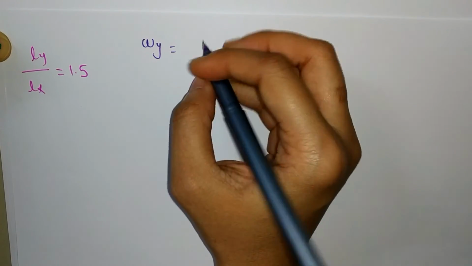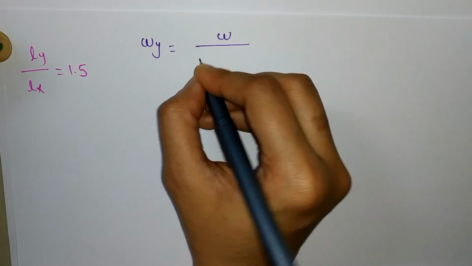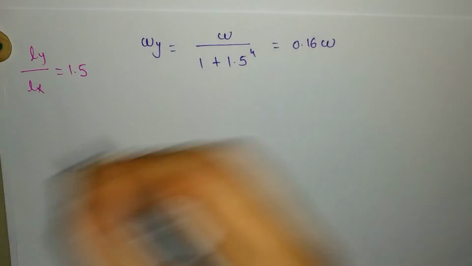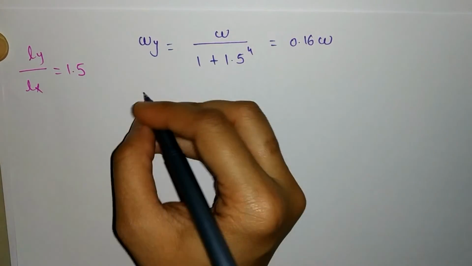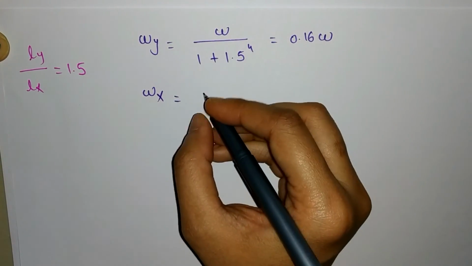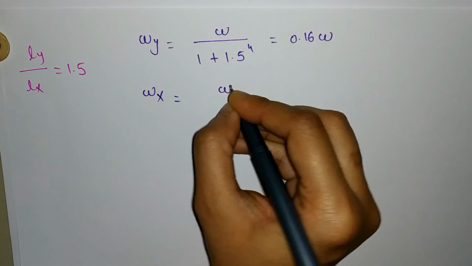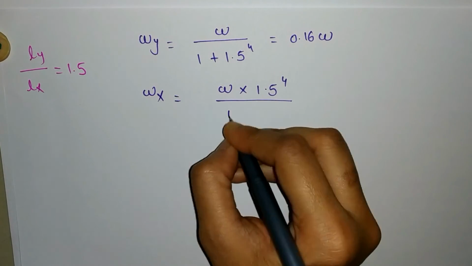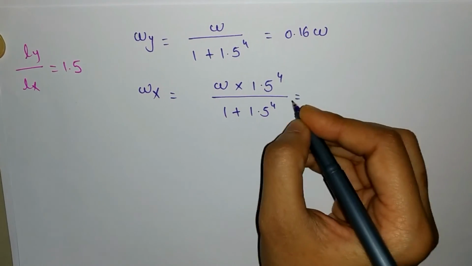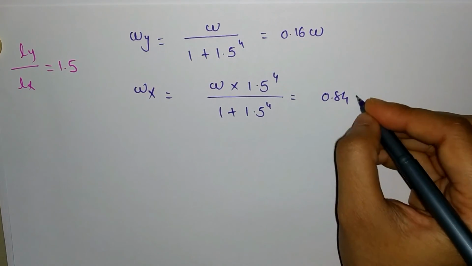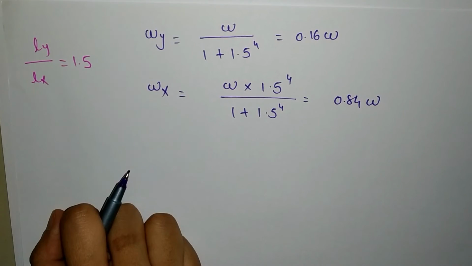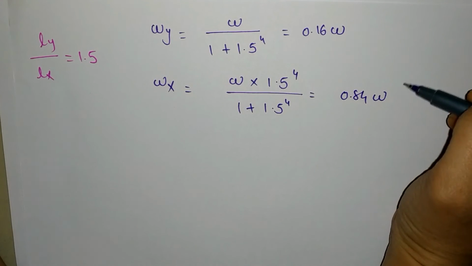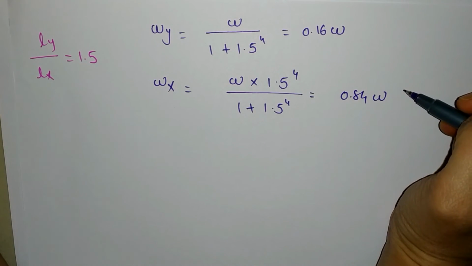Wy will be W upon 1 plus 1.5 raised to 4, and the answer will be 0.16 W. Then Wx will be W multiplied by 1.5 raised to 4 upon 1 plus 1.5 raised to 4, and the answer is 0.84 W. So you can see that in both directions we have load distribution.